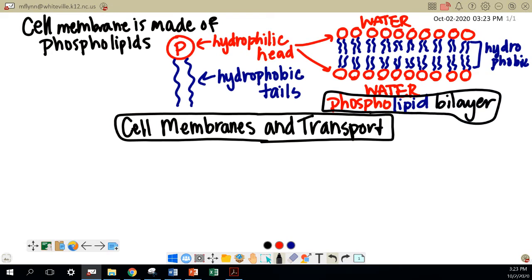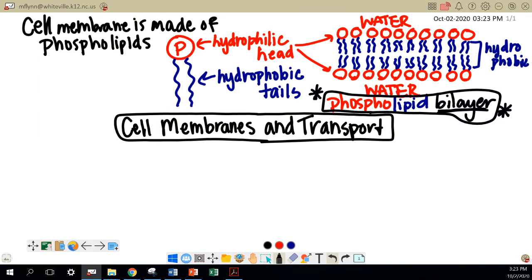So any kind of cell membrane, that is what it is going to be called, is a phospholipid bilayer. So the cell membrane, the membranes around the organelles, that's what they're called. They are phospholipid bilayers, and they're called a bilayer because there are two layers. There's one on the top and one on the bottom that's upside down.